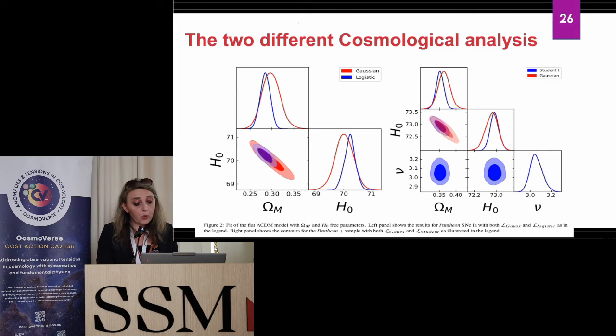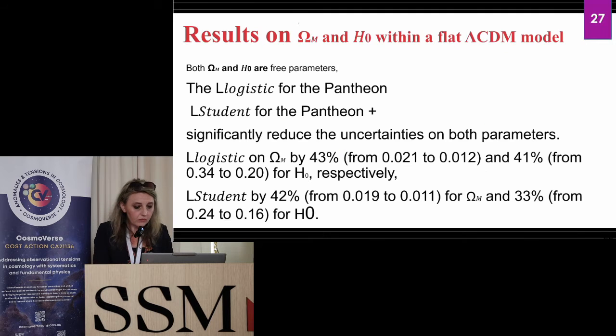So when we consider this new assumption, we actually have a reduction of the scatter on the cosmological parameters, which are H0 and omega m. Of course, in the Student's t we have a new parameter that we need to fit together with the cosmological parameters. So it is clear that we have an advantage when we use the most appropriate likelihood assumption.